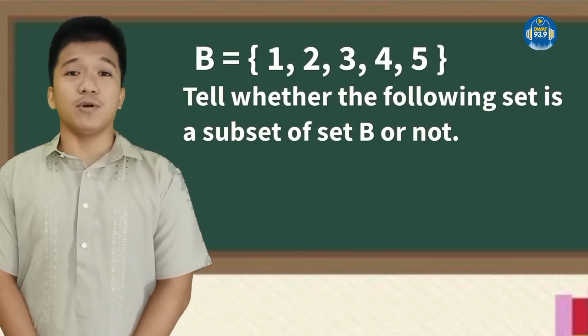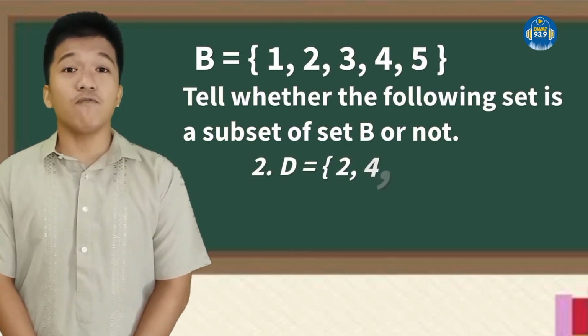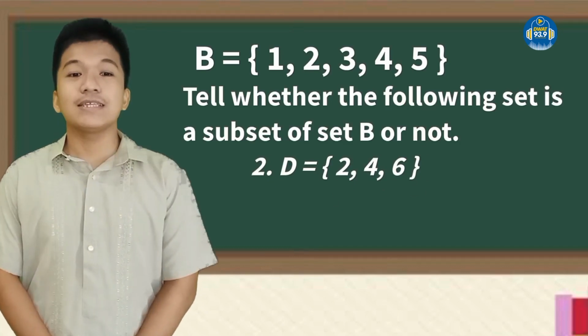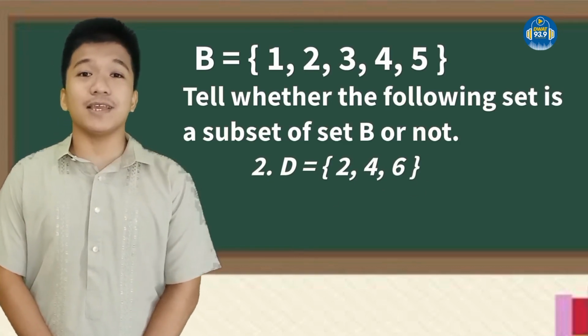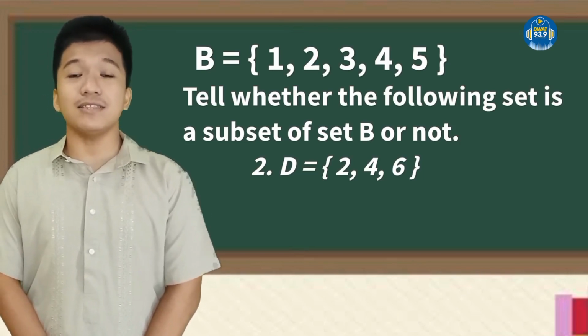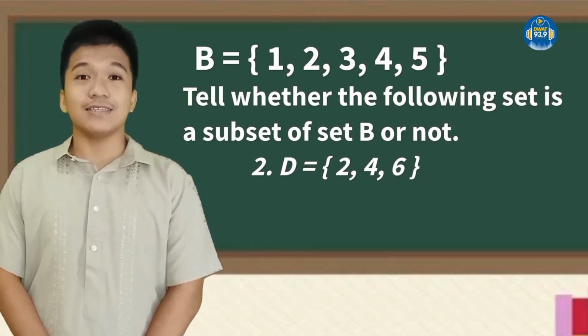How about this example? Set D, whose elements are 2, 4, 6. Set D is not a subset of set B because one element of set D, which is element 6, is not an element of set B. That's right.